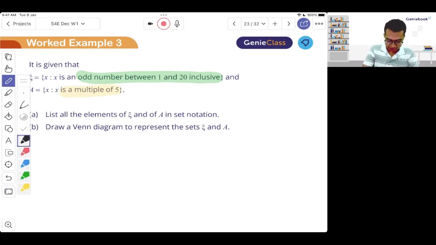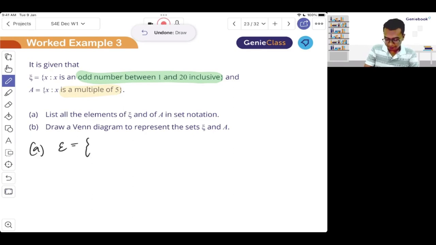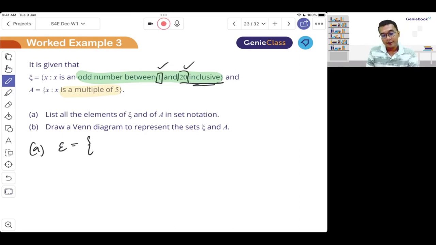I want to start with the universal set. So I will write down my epsilon symbol like that, followed by my curly braces. And odd number between 1 and 20 inclusive means it can include 1 and it can include 20.